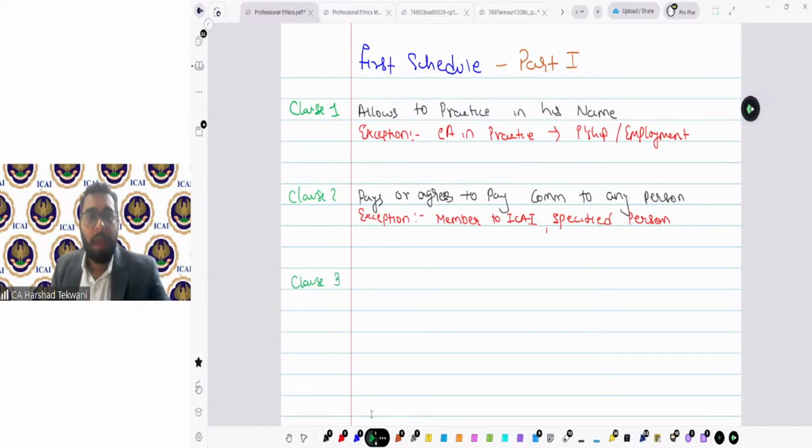Clause 3. If he accepts or agrees to accept commission or brokerage from any person, then he can be held guilty of professional misconduct. So if a chartered accountant in practice accepts or agrees to accept any part of the profits of professional work of a person who is not a member of the institute, then he is guilty of professional misconduct.